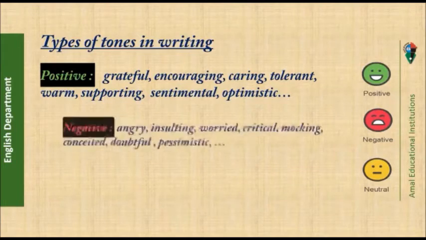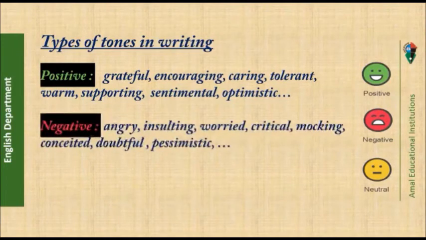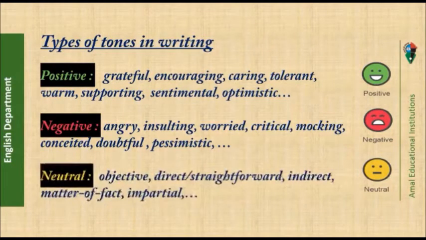It can be negative as angry, insulting, worried, critical, mocking, conceited, doubtful, pessimistic. It can also be neutral as objective, direct, straightforward, indirect, matter-of-fact, impartial. Yet, we need to figure out how to identify tone in order not to be confused.